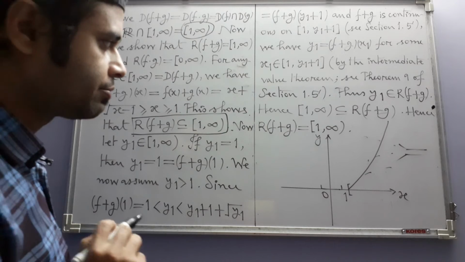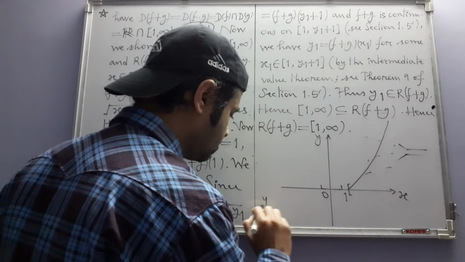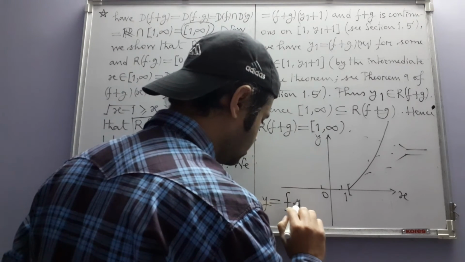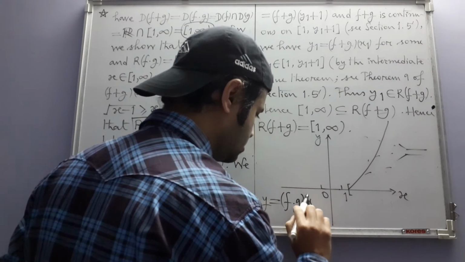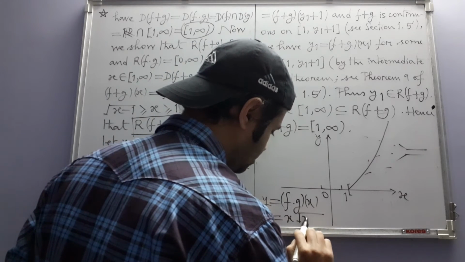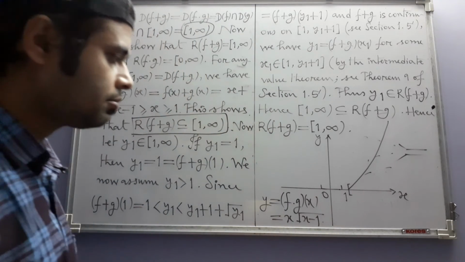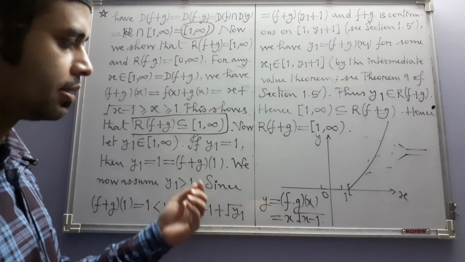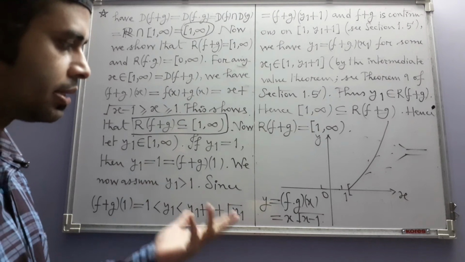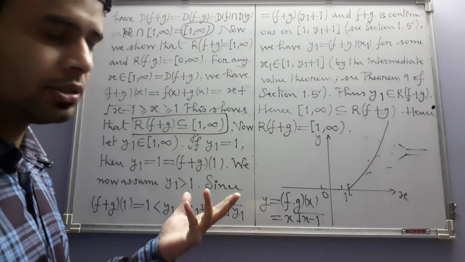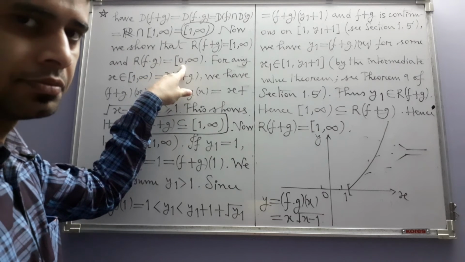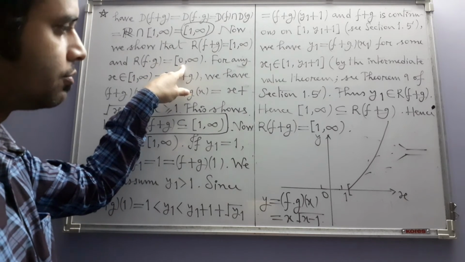From the graph of the function y equal to fg x, which is x times square root of x minus 1, we see that the range of f dot g x, or rather the range of f dot g is 0 comma infinity. Okay, that will be enough.